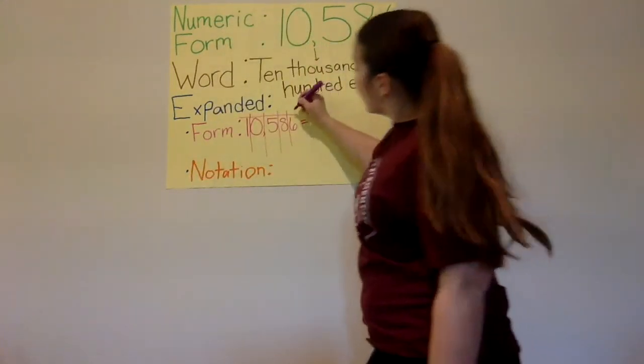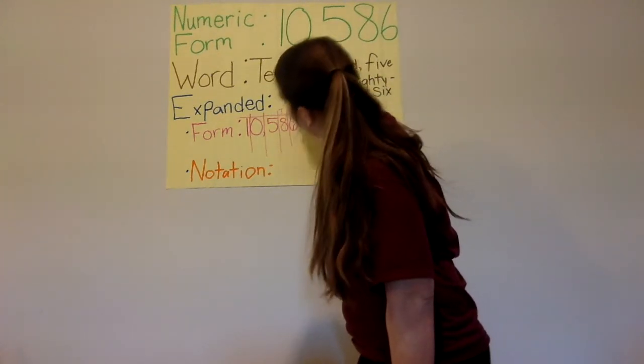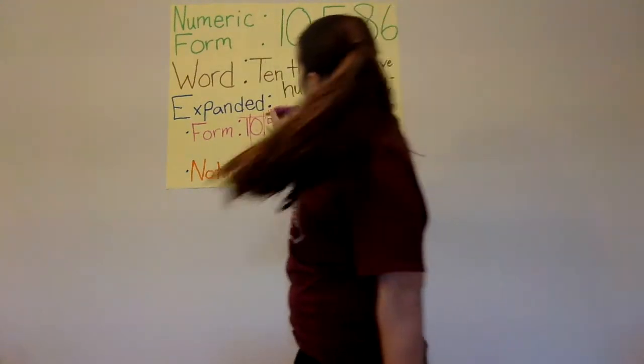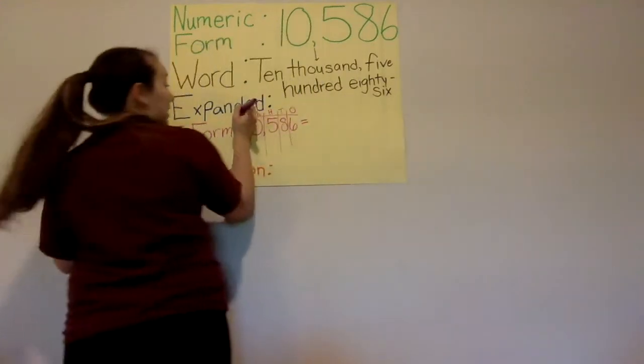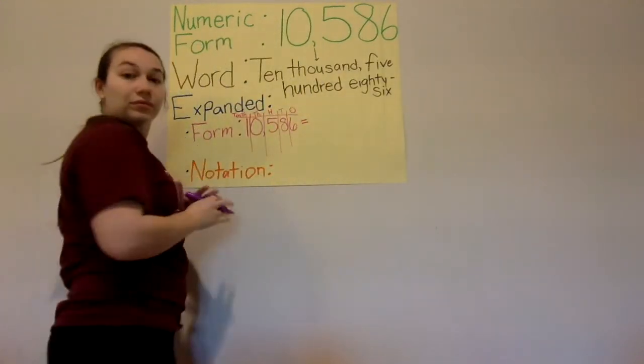I know this 6 is in the ones place. This 8 is in the tens place. This 5 is in the hundreds place. This 0 is in the thousands place. And this 1 is in the 10,000s. Okay?